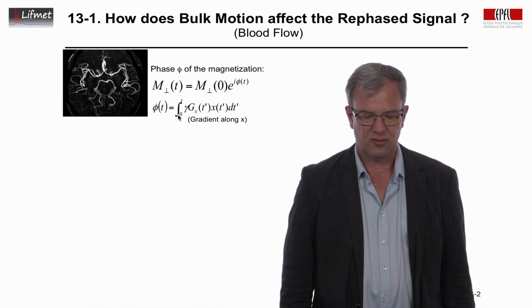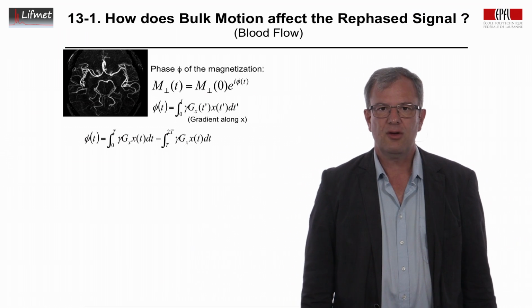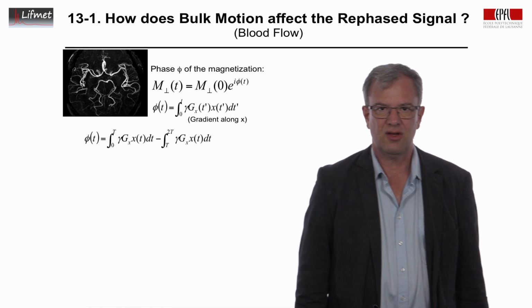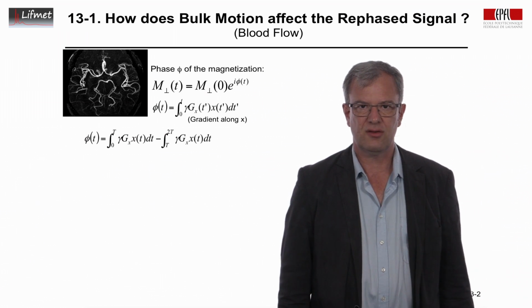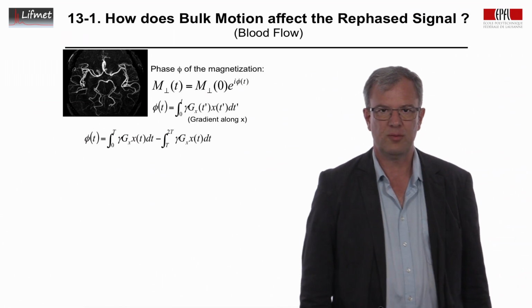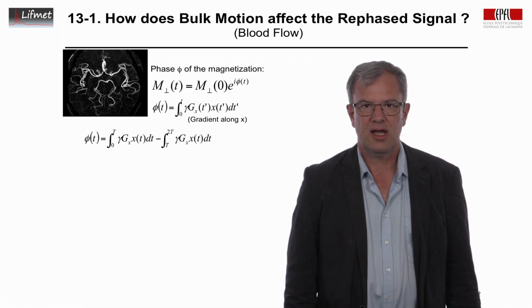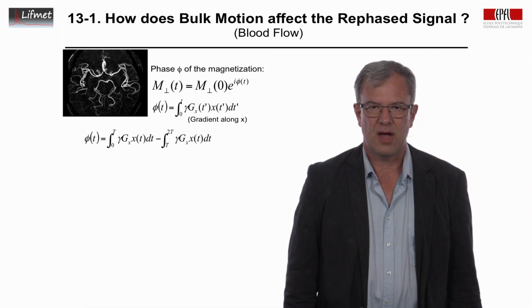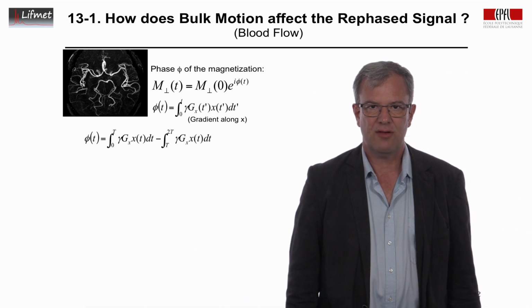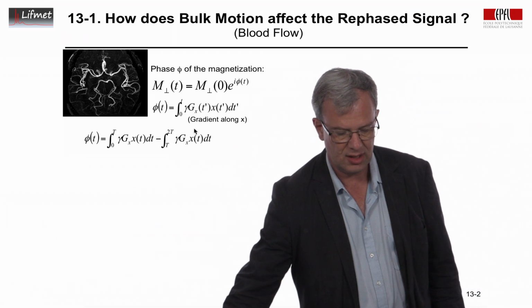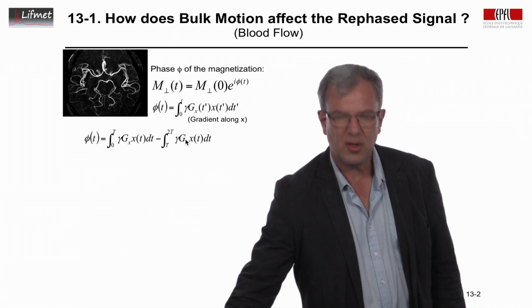That's the general expression. Now, and you will see shortly why, I'm going to write the phase of t, this integral, as two integrals, so there are two time periods. One from 0 to big T, where the gradient along x is gx, and then a subsequent time period, from time T to 2T, where the gradient is minus gx.